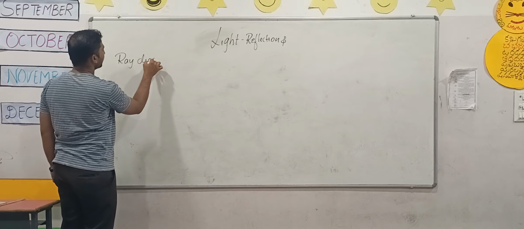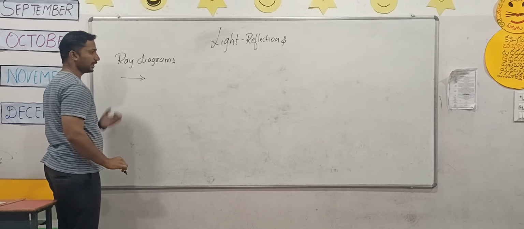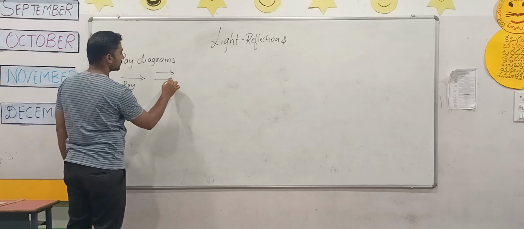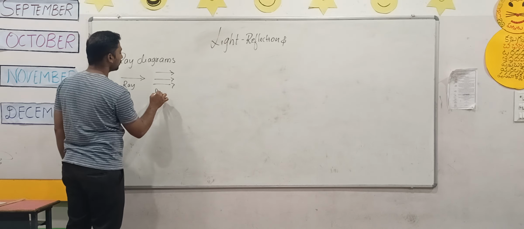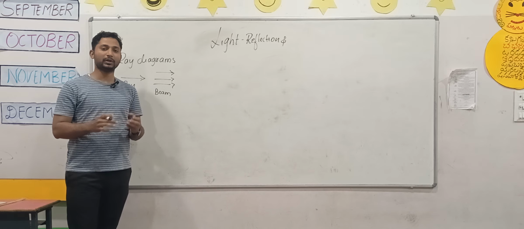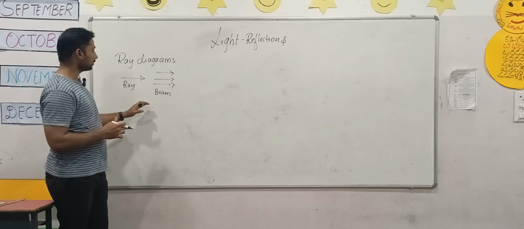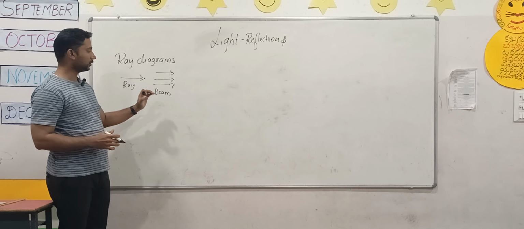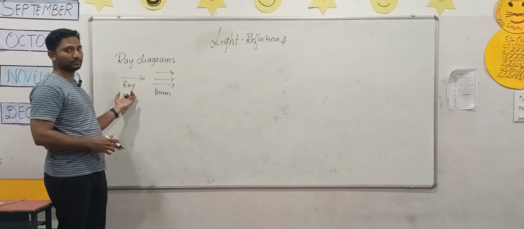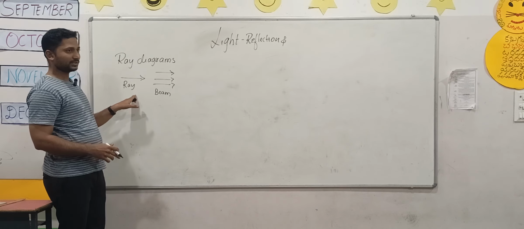A single line which has a direction is called a ray, and a group of rays is called a beam, like a pillar which contains a number of rods is called a beam. Here also, if you take more than one, two or three, those are called a beam of light. In mathematics, a line with direction is called a ray.